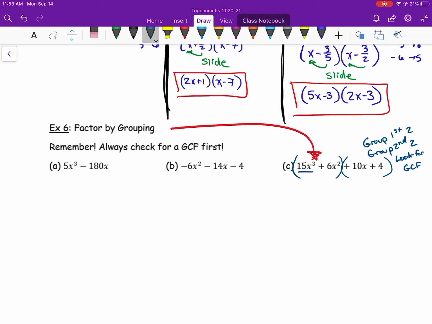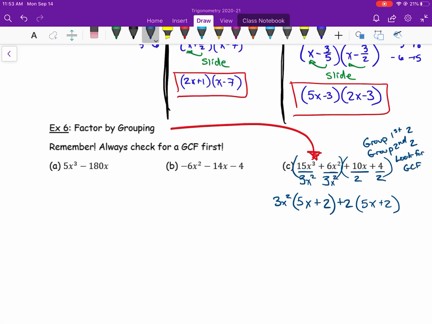All right, so with 15 and 6, they're both divisible by 3. They both have x's. Lowest exponent of x is squared. So GCF there is 3x squared. So that'll come outside. 15 divided by 3 is 5. X cubed divided by x squared is x. 6 divided by 3 is 2. X squares cancel out. Second set of parentheses, 10 and 4, greatest common factor is 2. So that's going to pop out as a positive 2. And we get 5x plus 2.